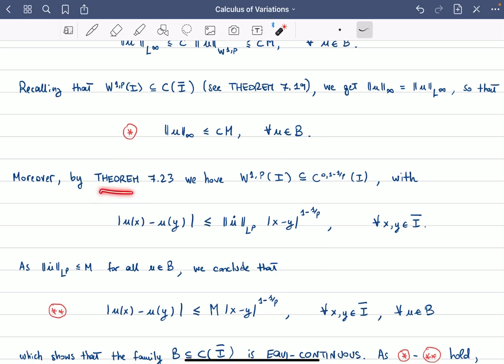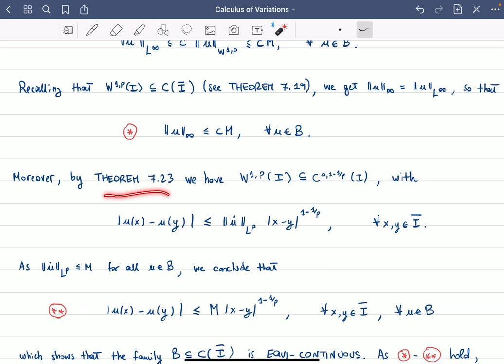Because remember that theorem 7.23 was telling you that W1P is contained in C0,1 minus 1 over P, which is just a space of Hölder functions with exponent 1 minus 1 over P, and this was true for P strictly larger than 1.